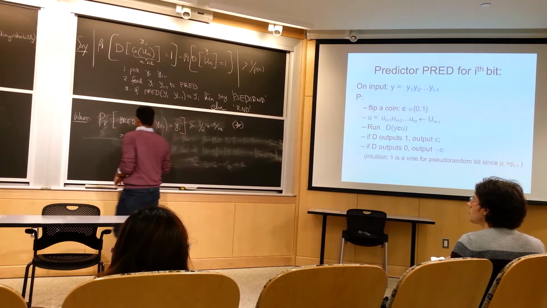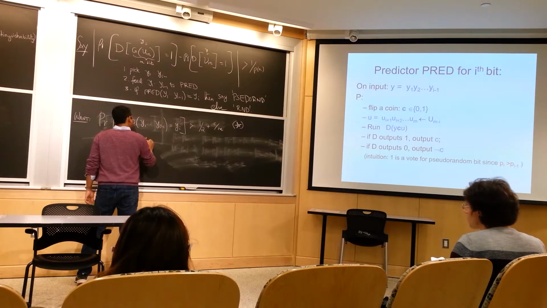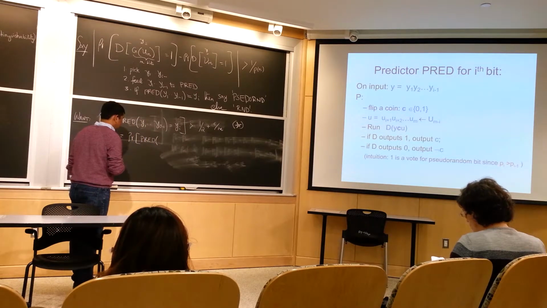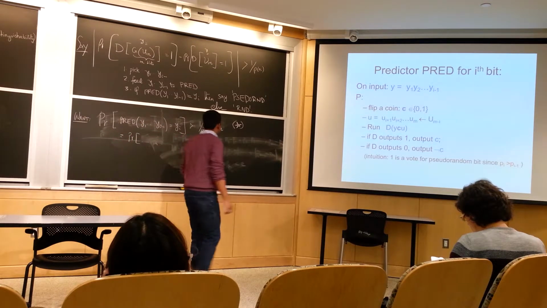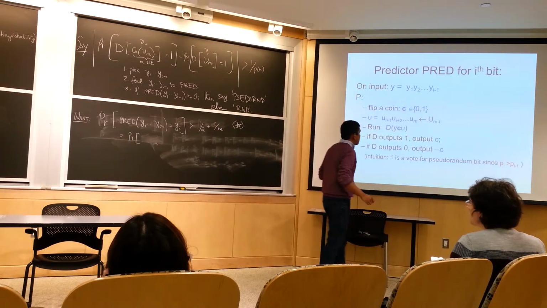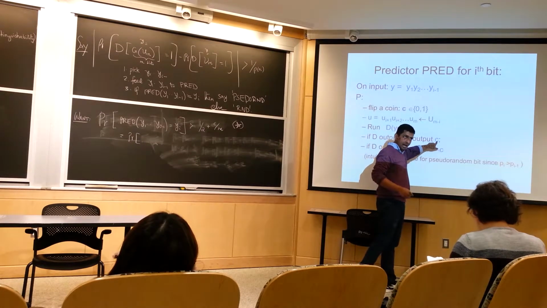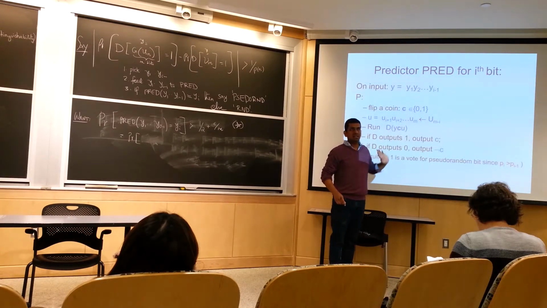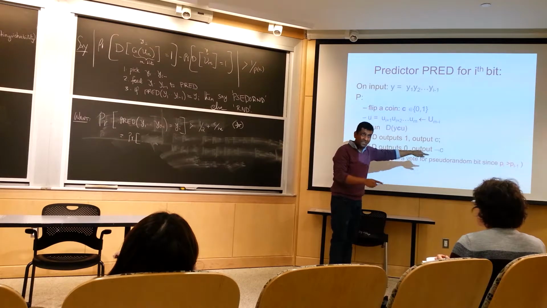Okay. So what is the probability that the predictor outputs the right yi, the right answer? When C is equal to yi and the distinguisher outputs 1, he is correct. The predictor outputs C, which is yi.